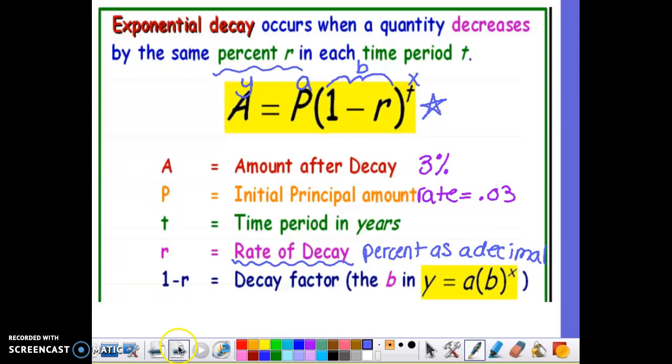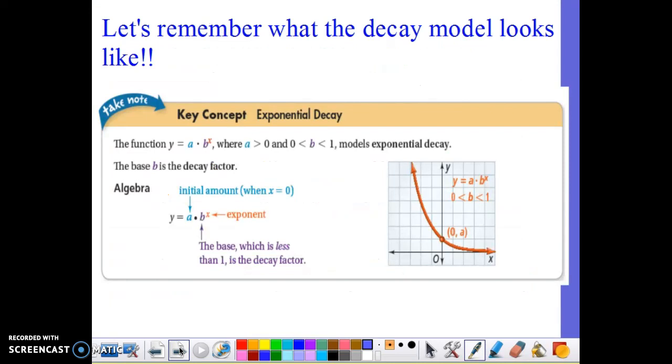We're just going to jump into some examples after we look at this graph here one more time as a refresher. So again, the big thing with decay, my B value has to be less than 1. We also say that it has to be greater than 0. We're not going to deal with any negative numbers.